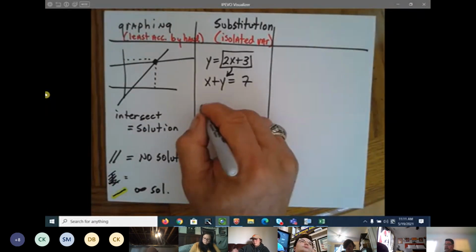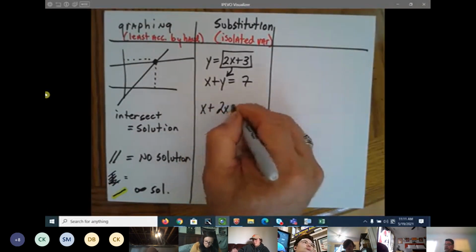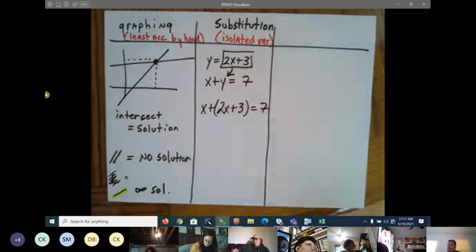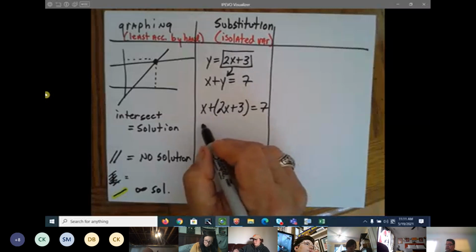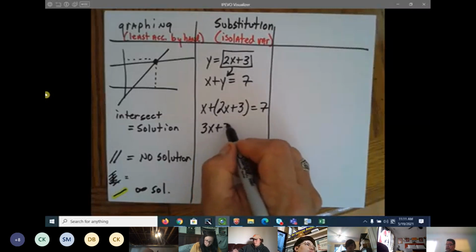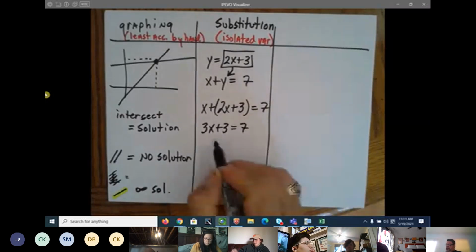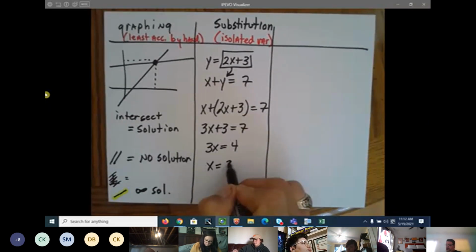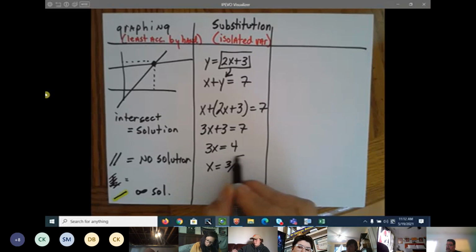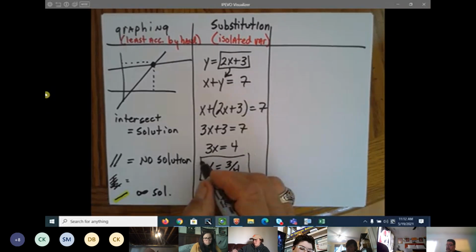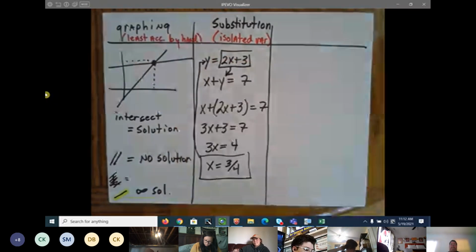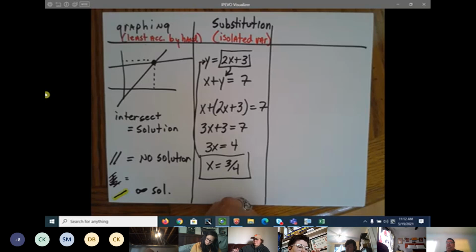That gives me x plus 2x plus 3 is equal to 7, and 3x plus 3 is equal to 7. 3x is equal to 4. x is equal to 4/3. Now I take that and plug it back in here and get y. And that's how you use the substitution method.